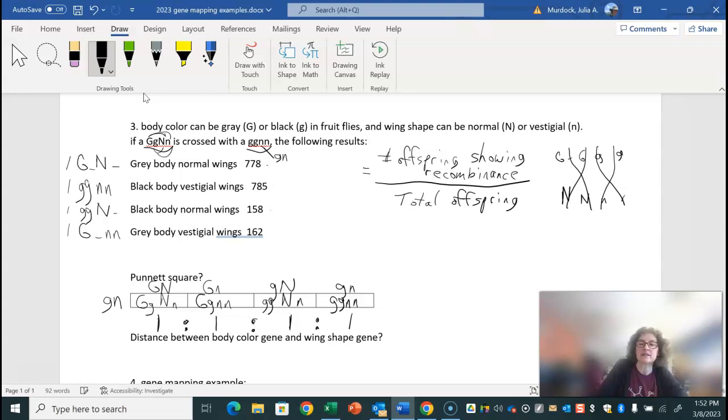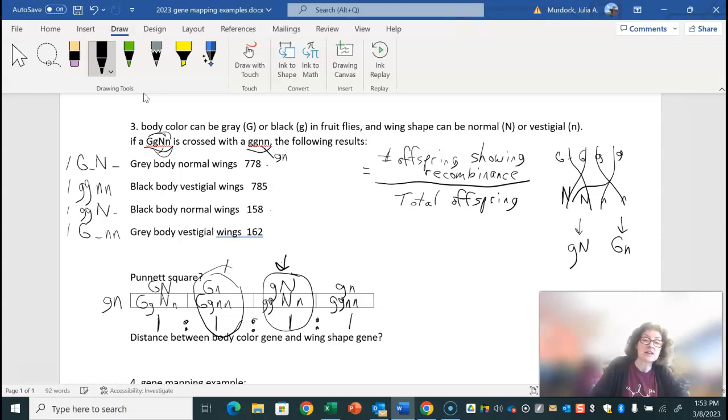How many times did this one cross over and have these switch places? So switching places would make this allele and this allele. That's the only way to get those alleles and therefore get this type of offspring here and this type of offspring here. The only way to get these is by crossover events.